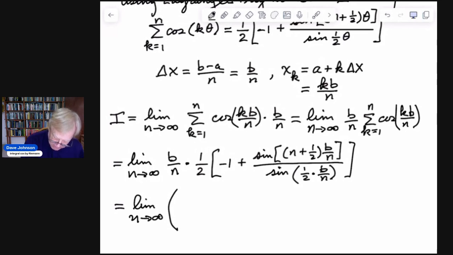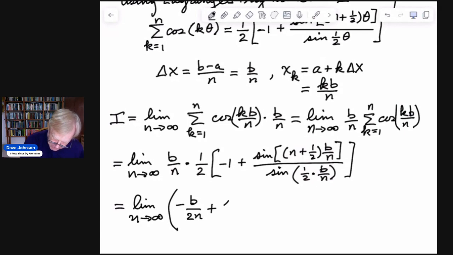So -1 times b over 2n, so negative b over 2n. We're going to see that that term goes away when we take the limit, plus, and then I'm going to go ahead and distribute here and simplify this.